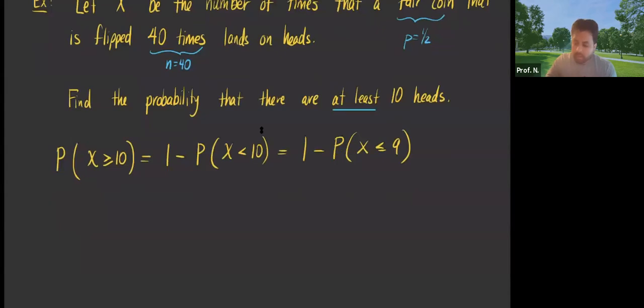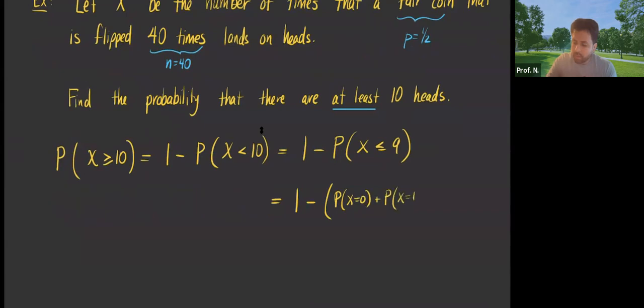But even when you did this complementary counting, a complementary probability step, what's the issue? Do you see the issue here? I have to find the probability when x equals 0, plus the probability when x equals 1, plus the probability when x equals 2, all the way to the probability that x equals 9. The problem is it becomes inconvenient.